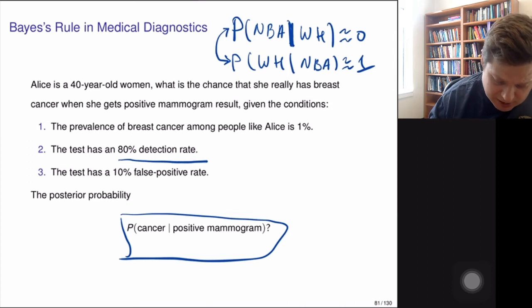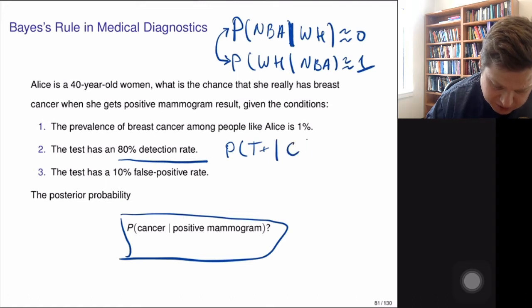So let's write this down in terms of probability. An 80% detection rate means that the probability that the mammogram is positive, given that you do have cancer, is 80%.